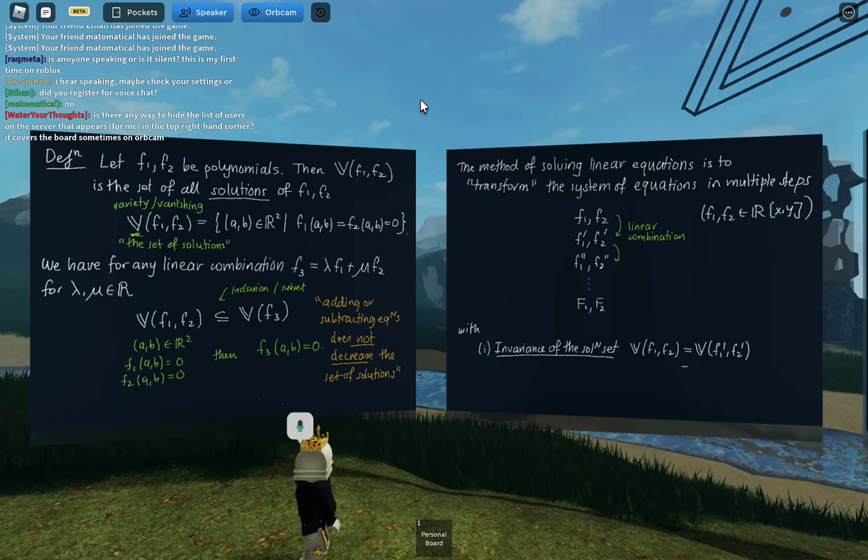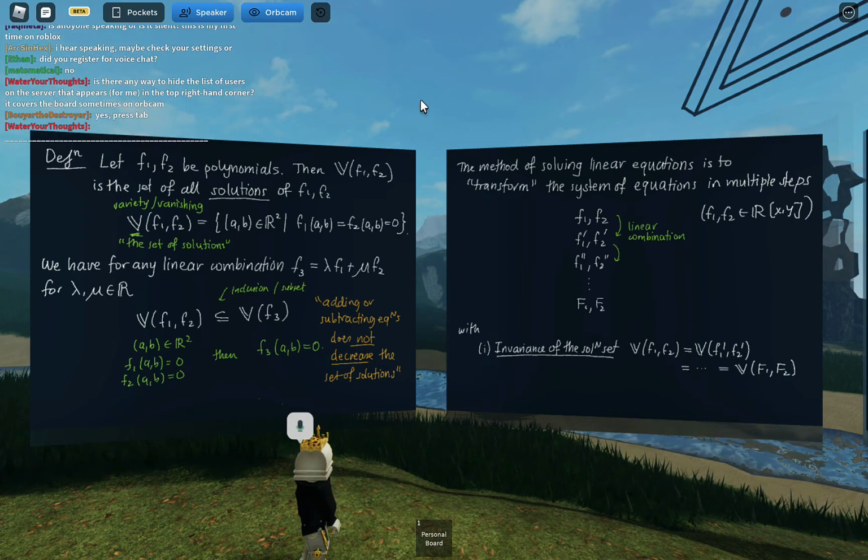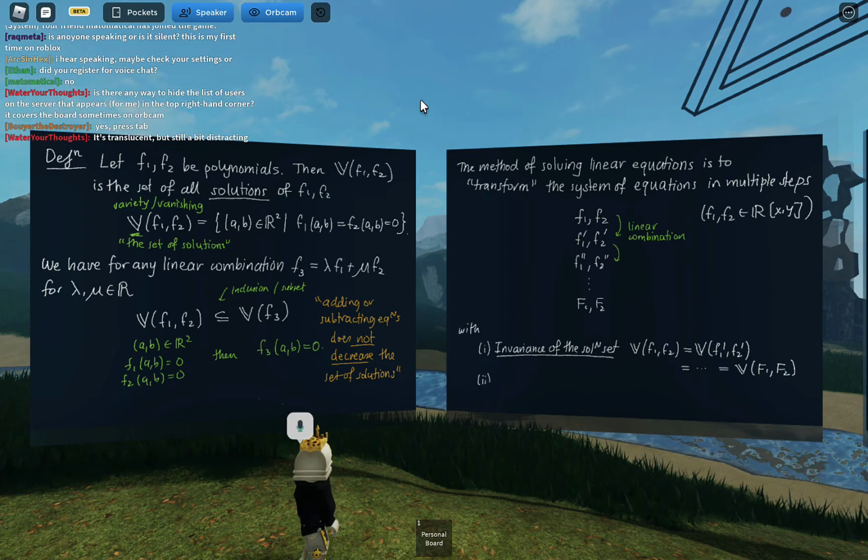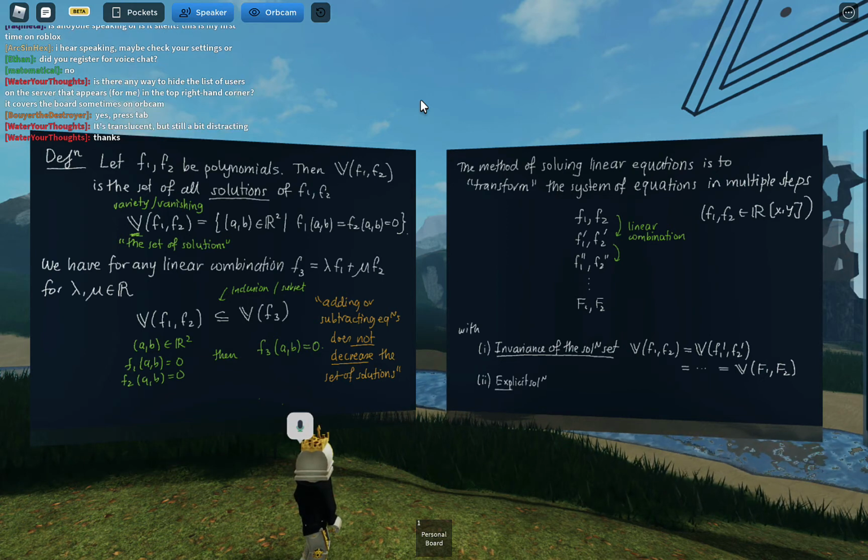So what I want is for there to be equalities all the way through each one of these transformations, so that the set of solutions is exactly the same at the end, so to speak, as at the beginning. And secondly, I want the final thing to be easy to solve. So this is easy to solve, whatever easy means.